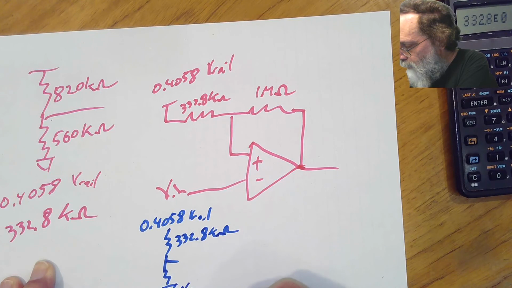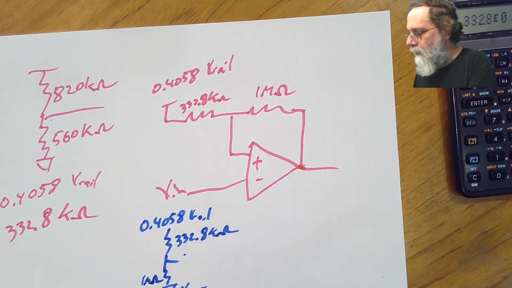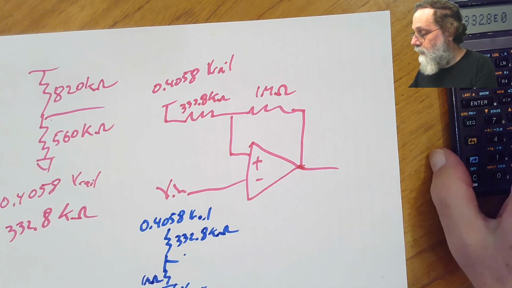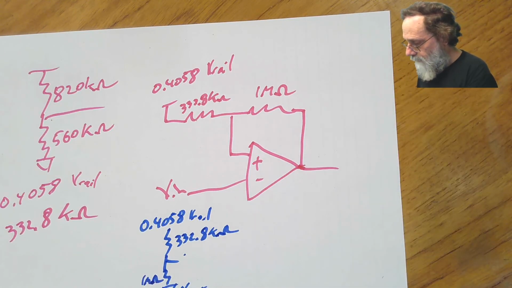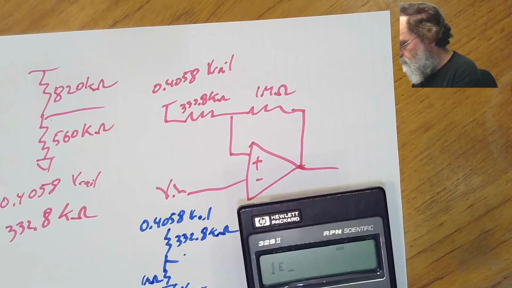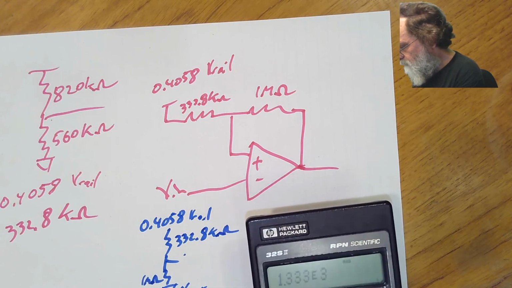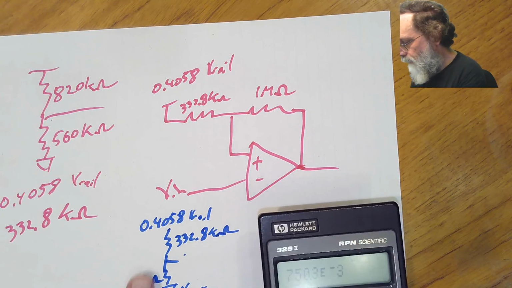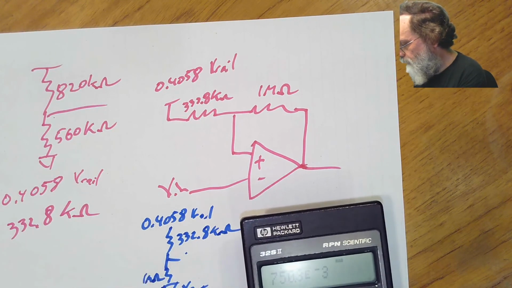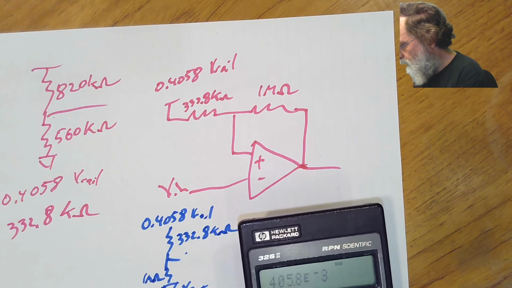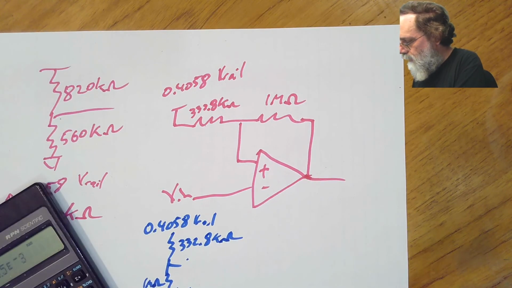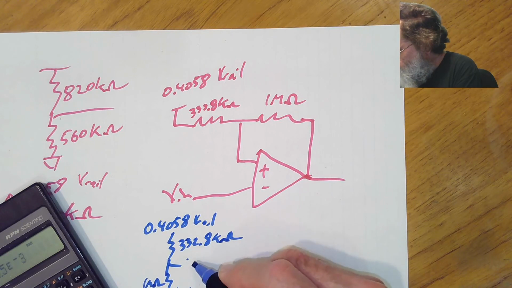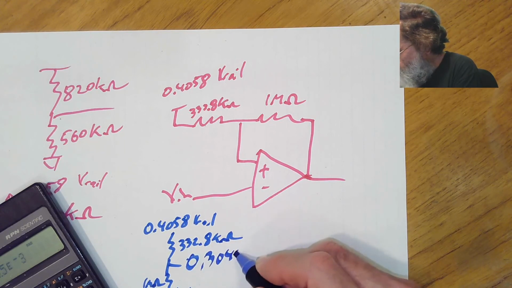This is Vout low, and this is 1 mega ohm here. We can figure out this voltage just by using the voltage divider equation. We've got about 3/4 for the voltage divider, but we have to multiply that by the input voltage, and I get that this is about 0.3045 times VRAIL.